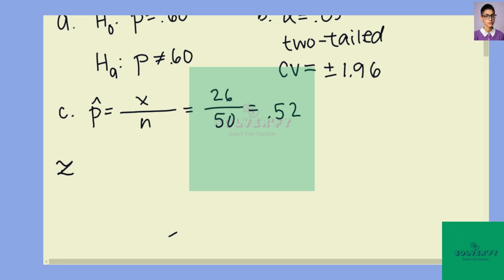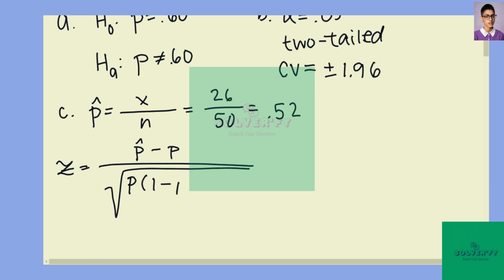Now we need to find our z value. Z is equal to p hat minus p over the square root of p times 1 minus p over n. This here is our standard deviation equation.